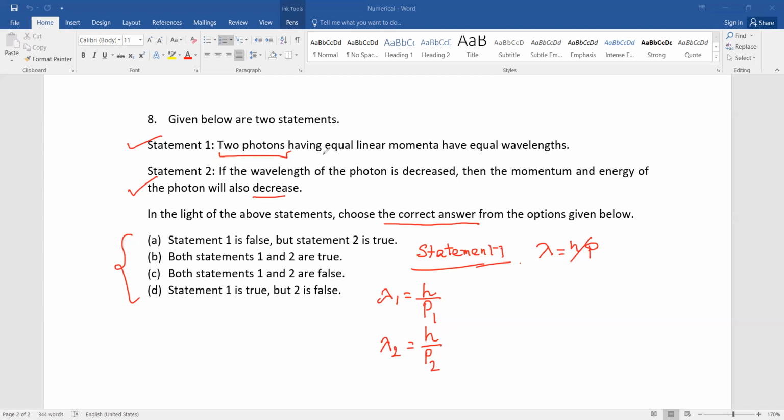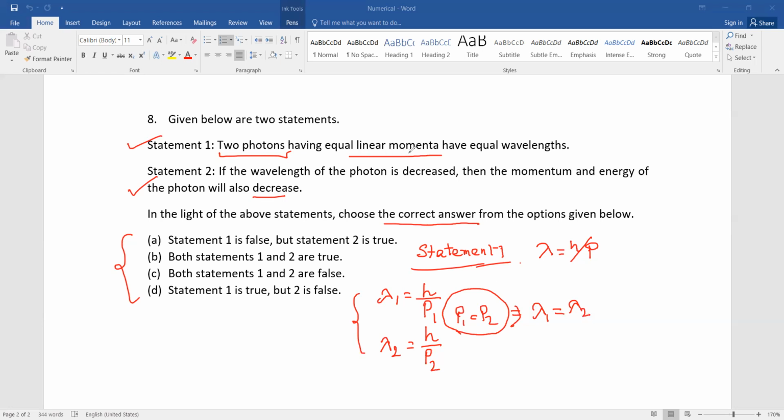Now it's given that the two photons have equal linear momenta. Equal linear momenta means p1 is equal to p2. Therefore, if in these two relations p1 is equal to p2, then lambda1 will be equal to lambda2.